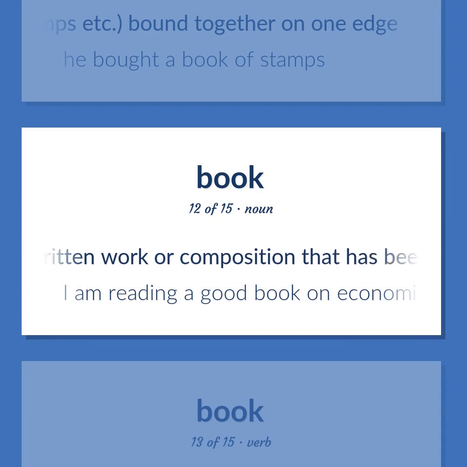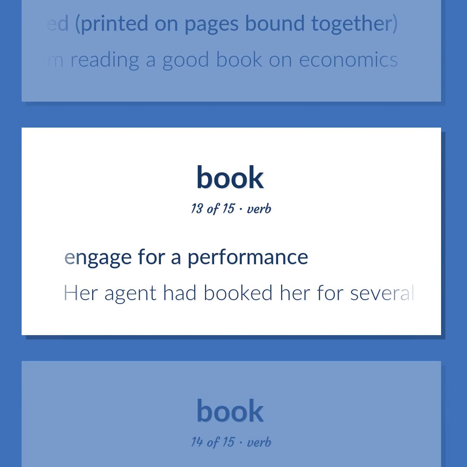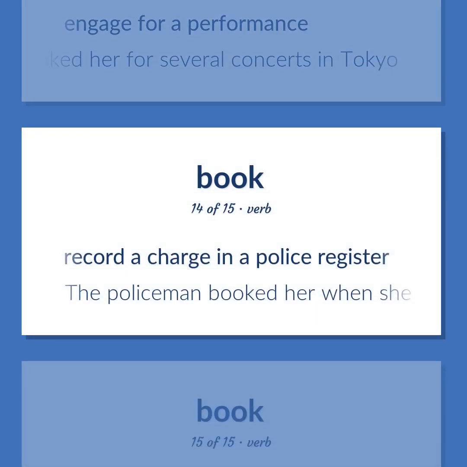A written work or composition that has been published, printed on pages bound together. I am reading a good book on economics. Engage for a performance. Her agent had booked her for several concerts in Tokyo. Record a charge in a police register.